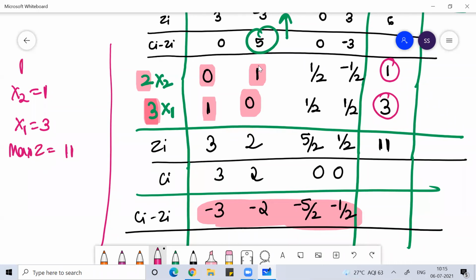This is your final answer. Clear everyone? Anyone, any step, any doubt?